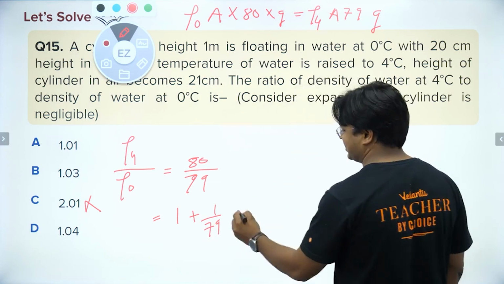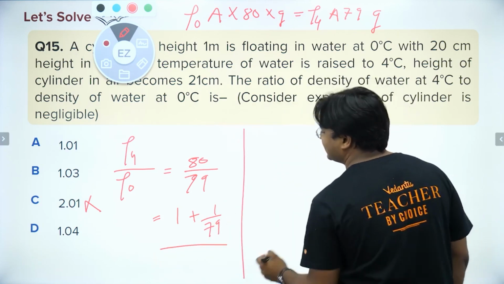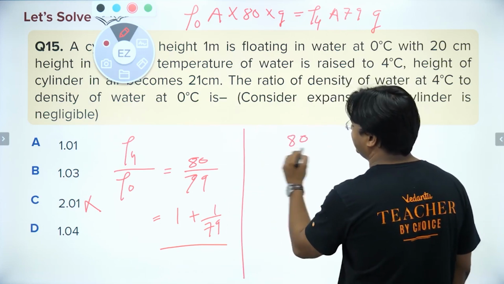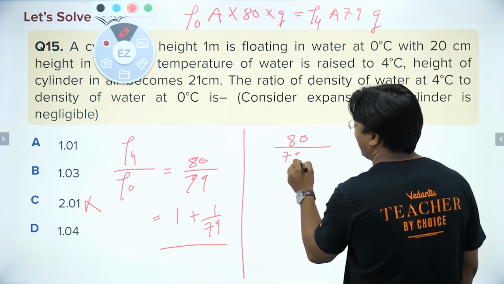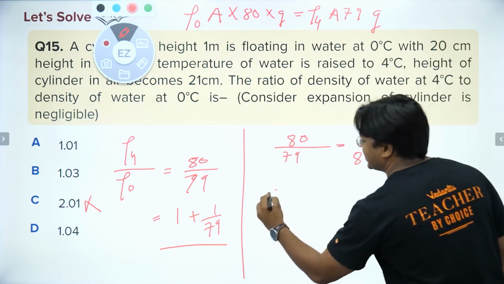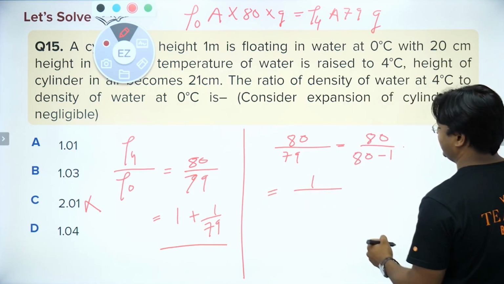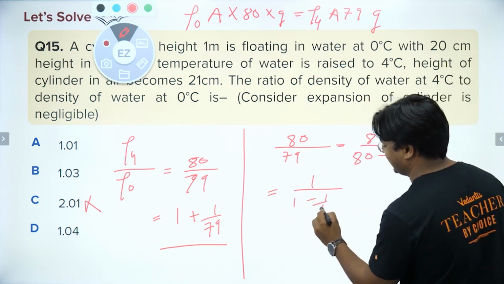One way is this, like from here you can start dividing. The other thing was to write 80 by 79 as 80 by 80 minus 1, which can further be written as, if I take out 80 as the common, 1 upon 1 minus 1 by 80.